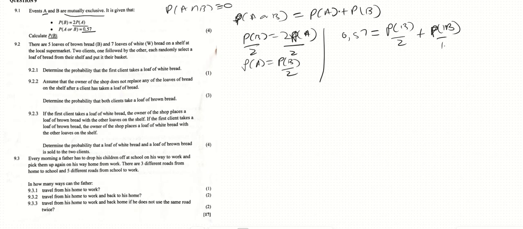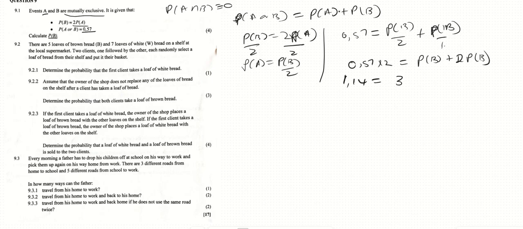Now this is over 1. Yes. Now what do we do in this case? We can multiply by the denominator of 2. So it's going to be 0.57 times 2. It is equal to probability of B plus 2 probability of B. In this situation, we have 0.57 times 2, which is 1.14.